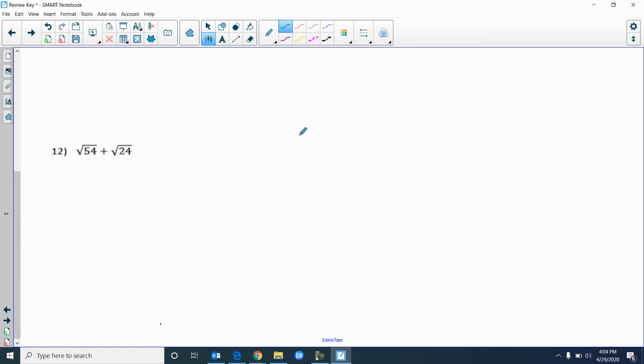And number 12, square root of 54 plus square root of 24. Now, you cannot combine this. Do not do 54 and 24 and say that is 78. Cannot do that. You would have to leave it unless they simplify to the same radicand.